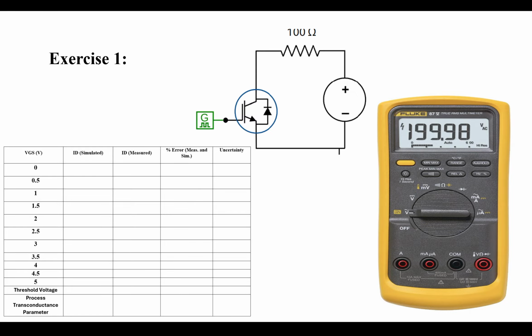Are we clear? Now, you want to measure the current. You already know you have a digital multimeter. If you want to measure a current, you need to connect it in series with your component. That means the multimeter should be here, in series with your MOSFET.